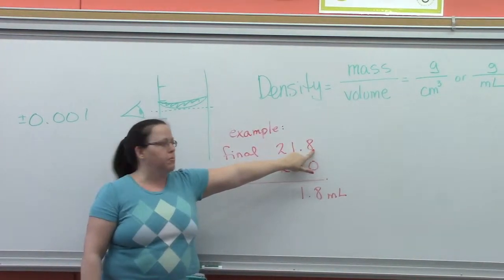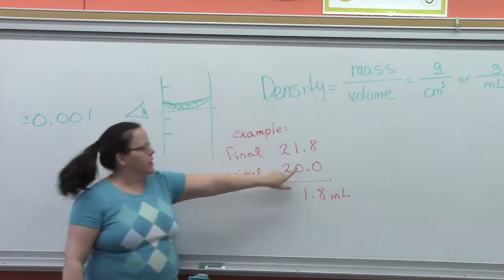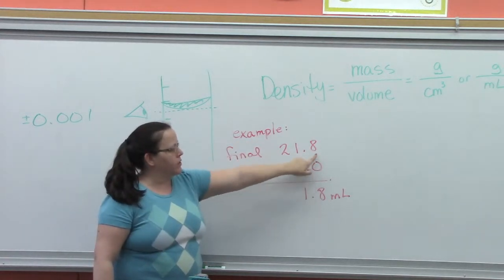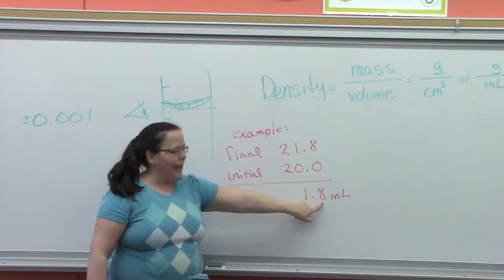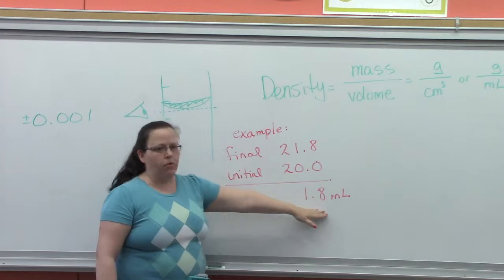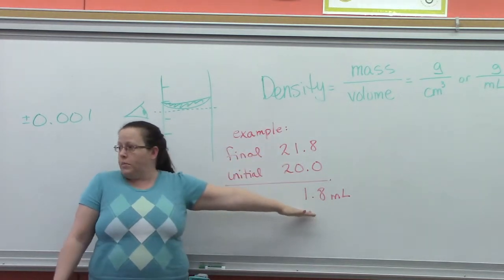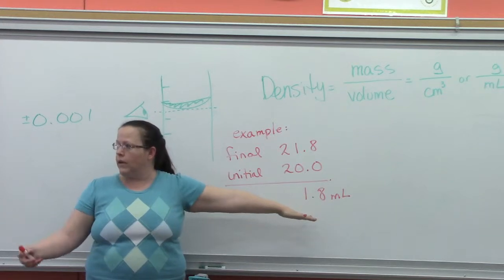I'm going to get that decimal place. Then our subtraction rule says we go to the place value. So if each of my original values goes to the first decimal place, my answer does too. My answer would be 1.8. If you had 20.0 and 22.0, your final answer would be 2.0.